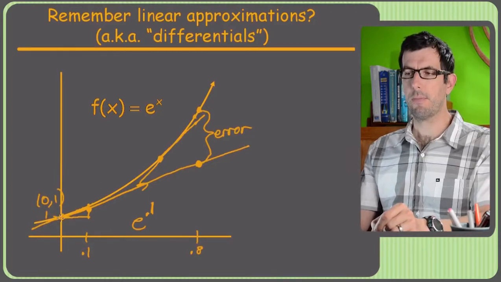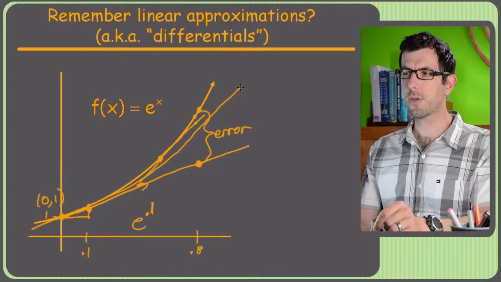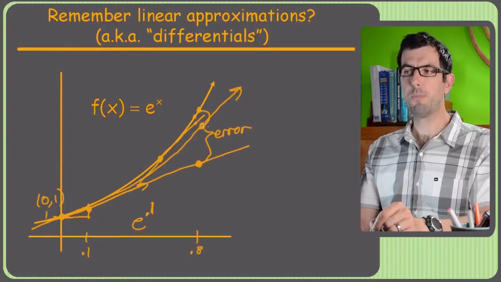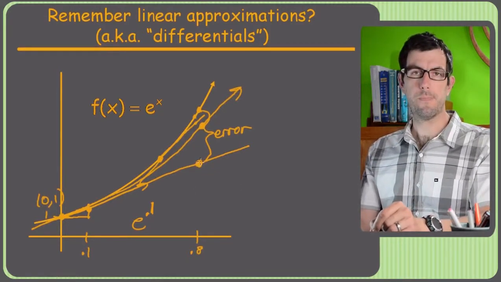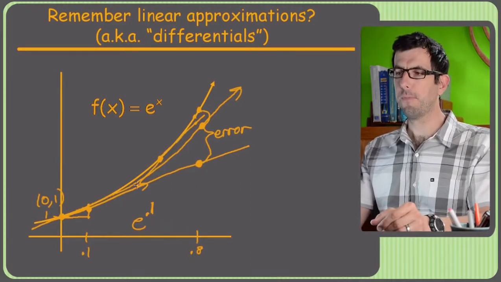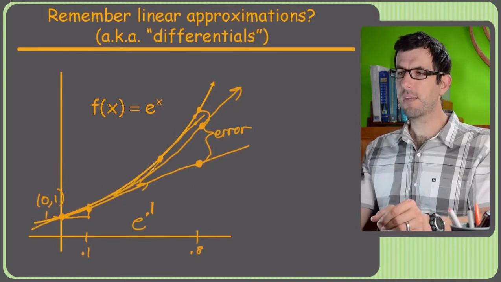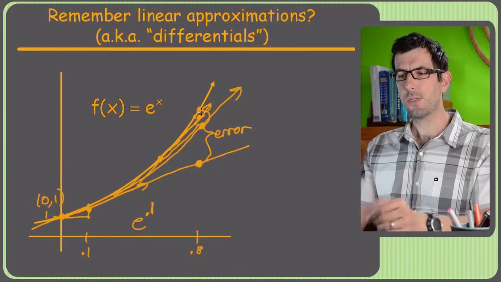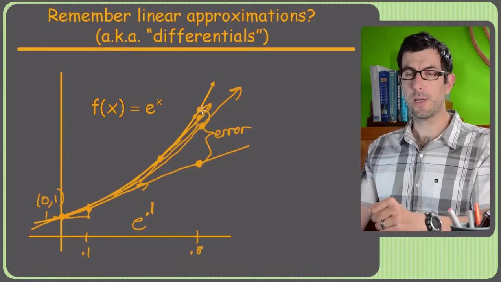I bet if I had a parabola that followed the curve a little closer, this would be a much better approximation than this one was. And if I used a third or fourth degree polynomial, that would maybe hug the curve even tighter, and then maybe I get this point right here, which is right next to the one I want. So it turns out that that's what Taylor series are doing.